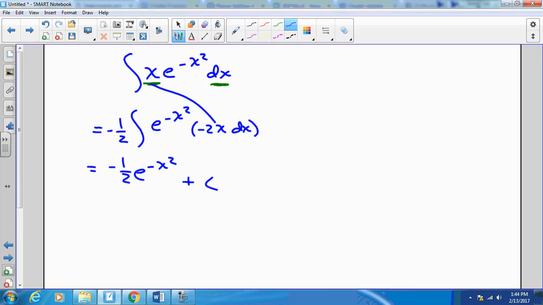I can only take the original integral that I've got and keep it the same. And I keep it the same by multiplying by 1. So the negative 2 came about, was allowed or justified because I'm really multiplying by negative 2 times negative 1/2, which is 1.